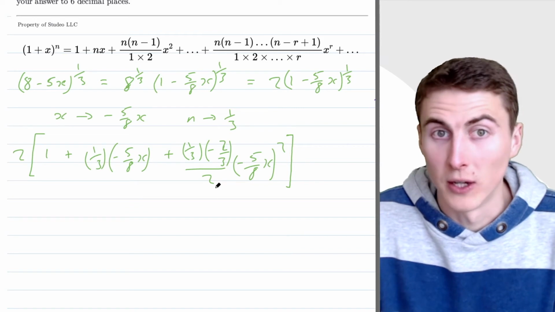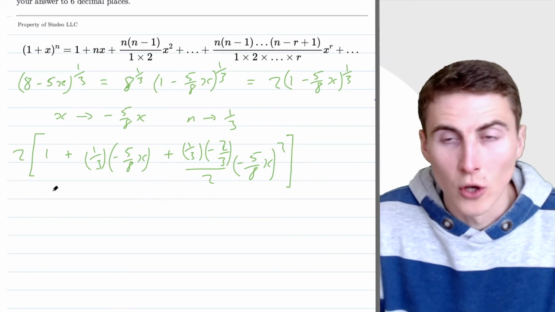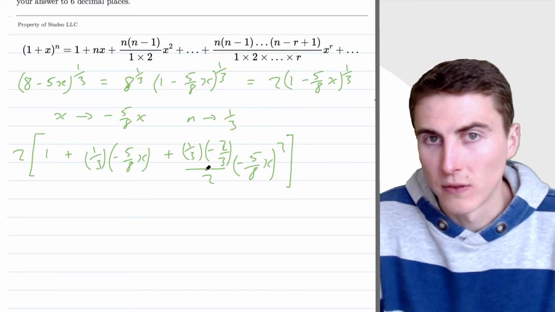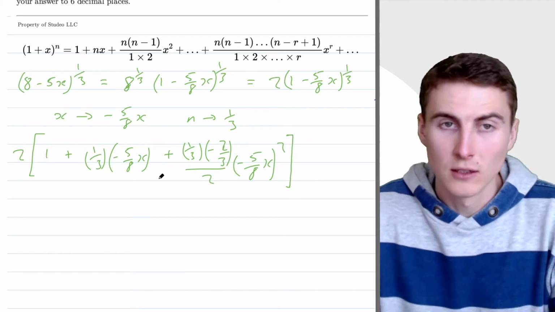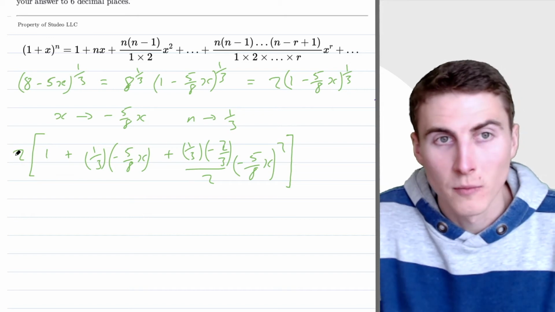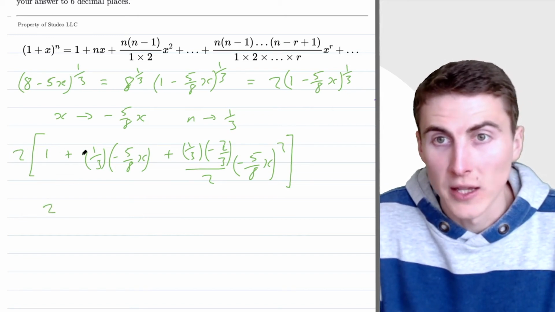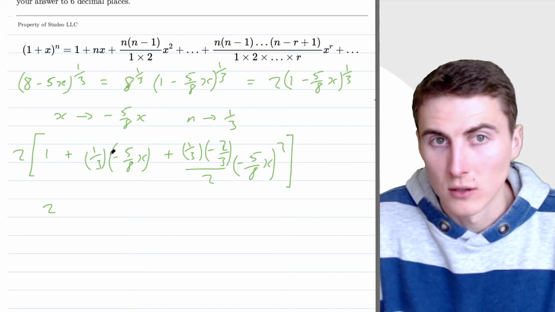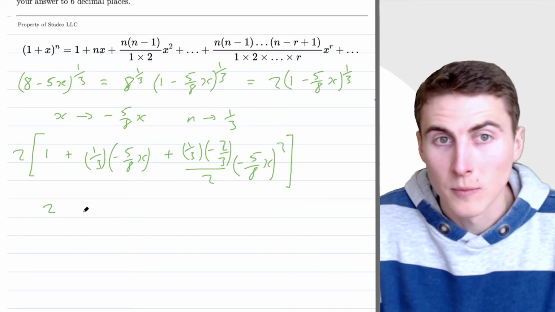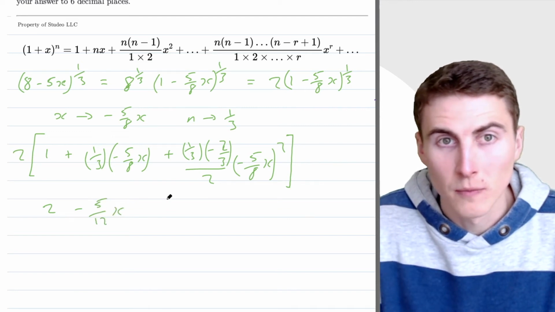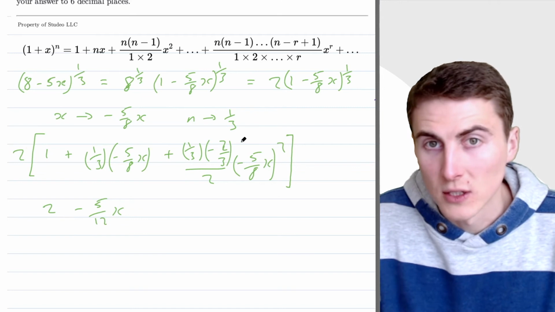And then we just simplify all of this. You can simplify it with all of this kind of in here, or you can multiply it out straight away. So we do 2 times 1, which is 2. And then 2 times all of this, you could put that in the calculator, and that would give us minus 5/12 x. And then 2 times all of this stuff.